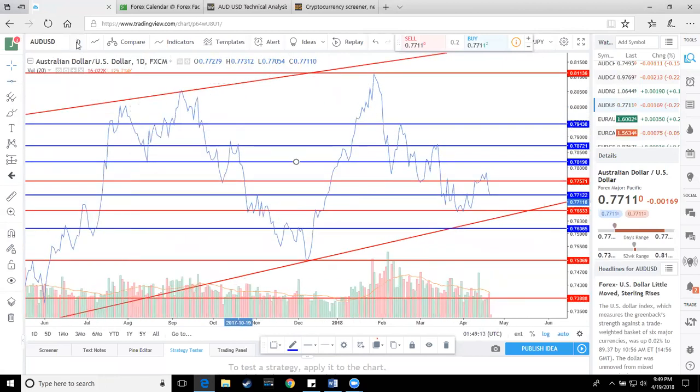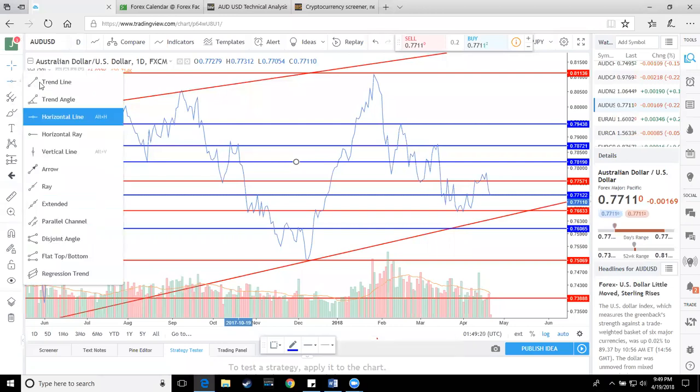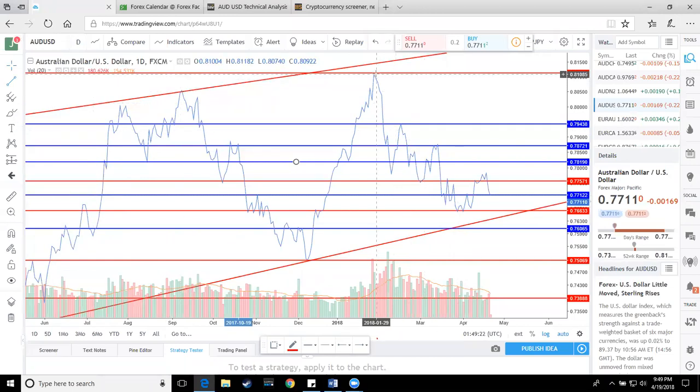So after I go through, I mark on my daily. I'll actually switch this over and do a trend line. Switch this to blue. And then I'll mark my daily trend.